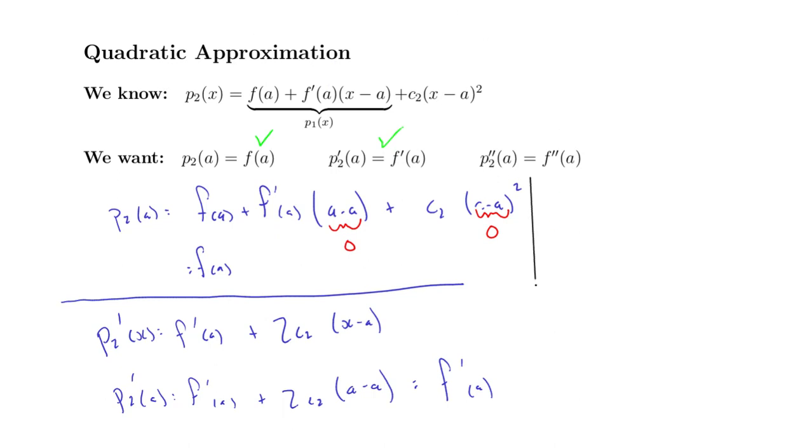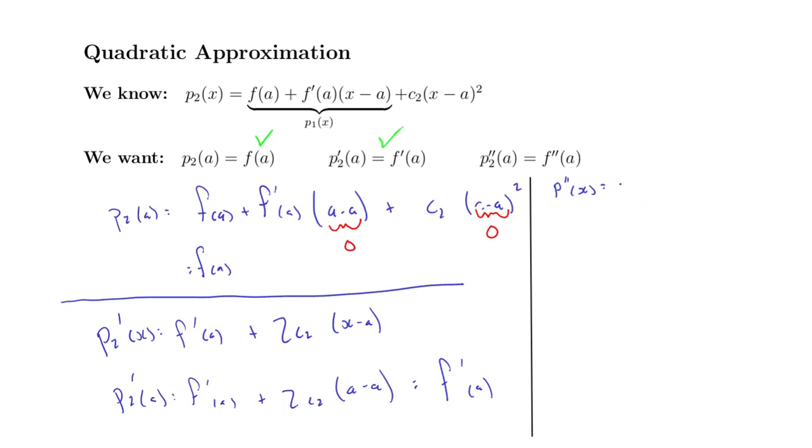Now let's take a look at this last requirement about second derivatives. We'll say the second derivative, oops, I've got my straight line tool on. I always leave that. The second derivative is the derivative of f prime of a, but remember, that's not f prime of x. That's already the first derivative evaluated. That's just a number.